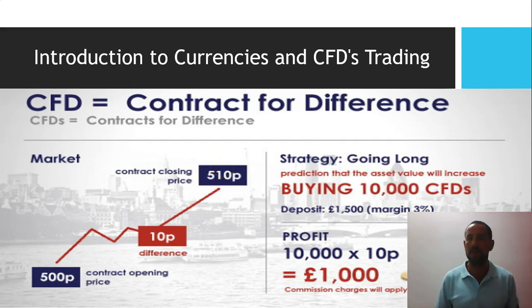And this is where this specific mechanism basically allows for leverage trading. You can actually leverage your position. You don't need to have all the funds to buy an asset, but just a fraction of it. Very simple, right? Let's go ahead and take a look at the currency market.